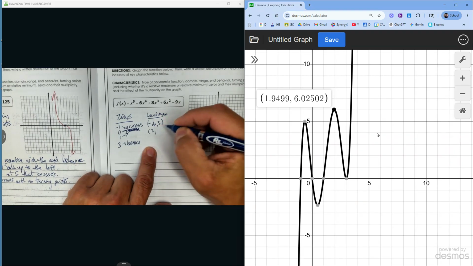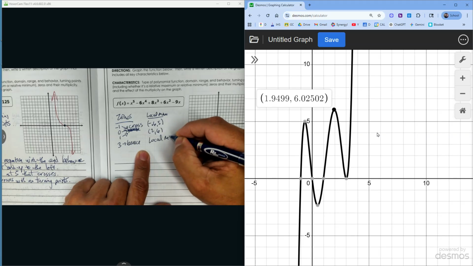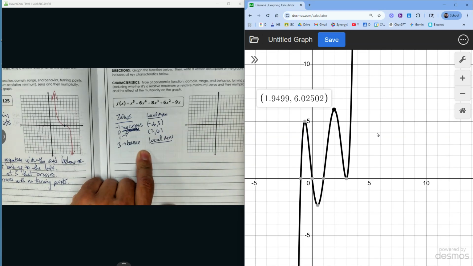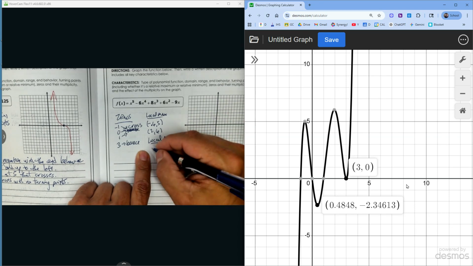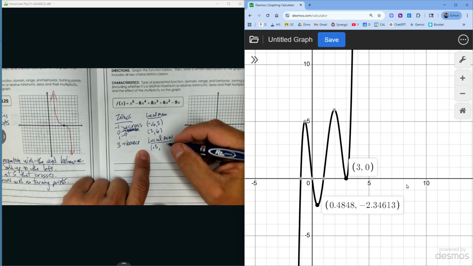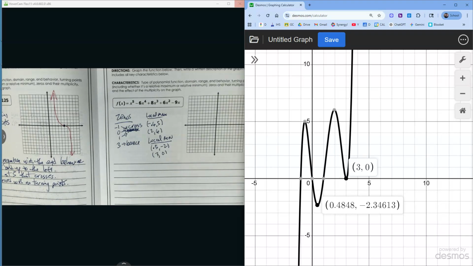We'll make it friendly. So 2 and 6. And then where are the minimums? We have 2 minimums. Make it as friendly as I can. And that's all I needed from Desmos.